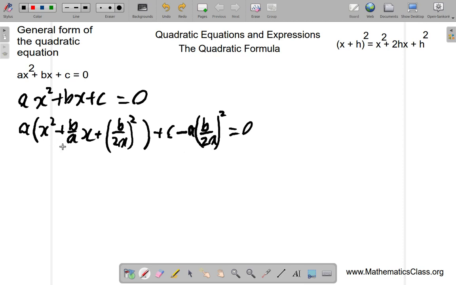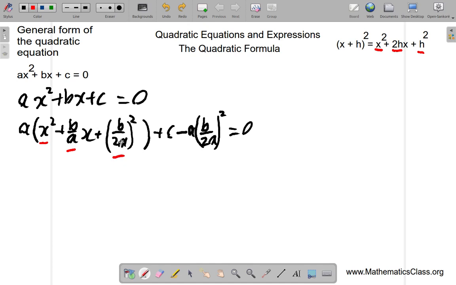Now, inside the bracket here, notice it's in the form of a perfect square. We have the x squared, the number that multiplies x, half of that number, and we square it.